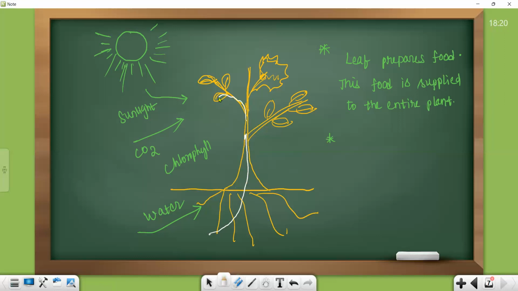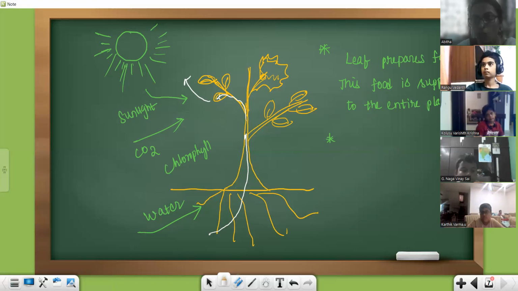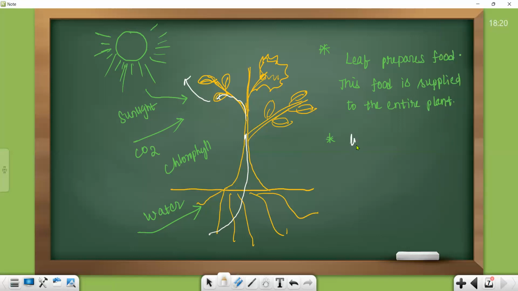Water goes from root to stem, stem to leaf, and leaf to the atmosphere.